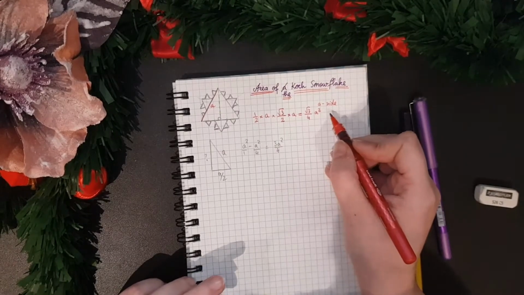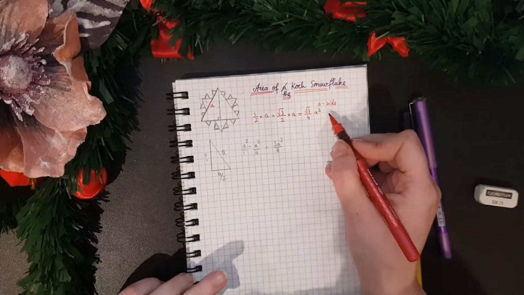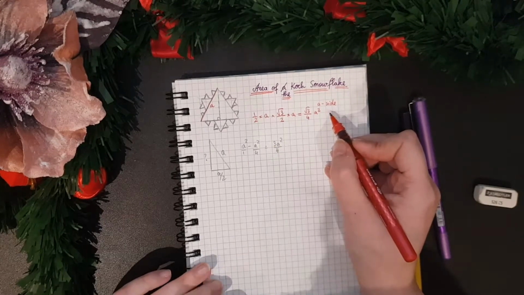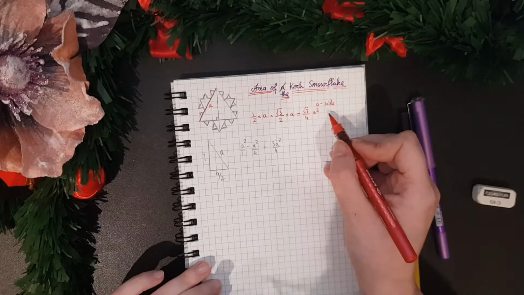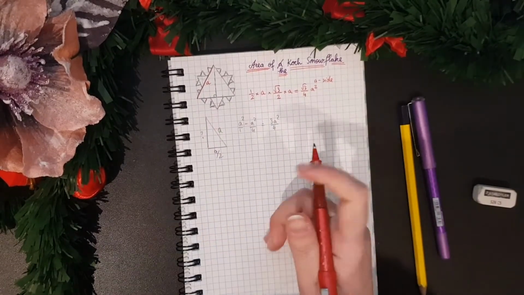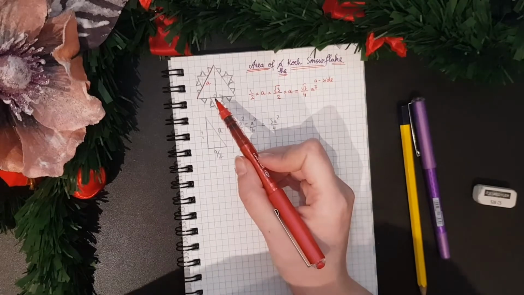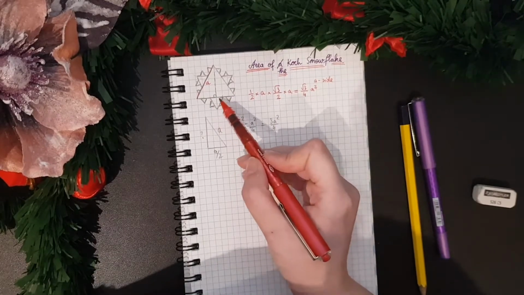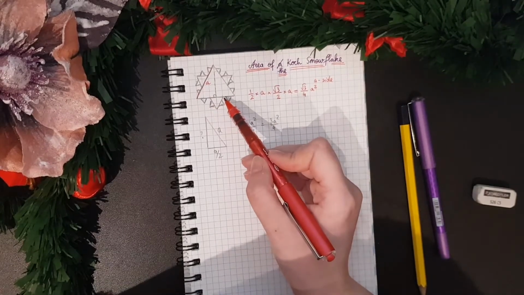Now, there is something happening when we do this. How am I going to represent it? I need some sort of notation for my first iteration when I start splitting this in 3.